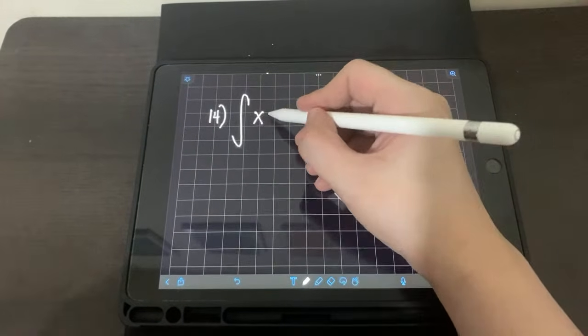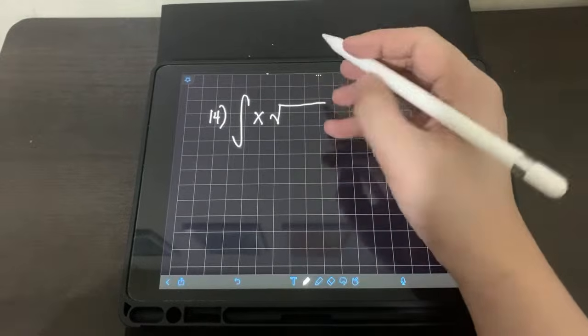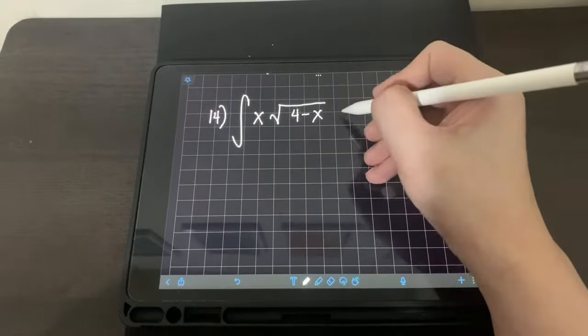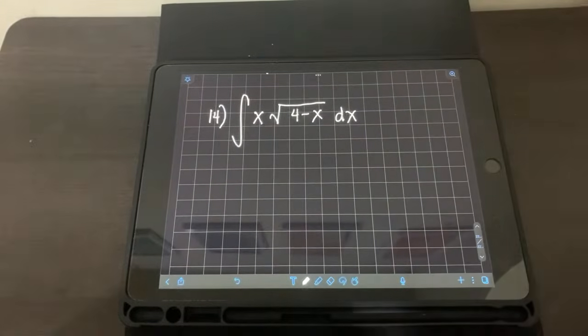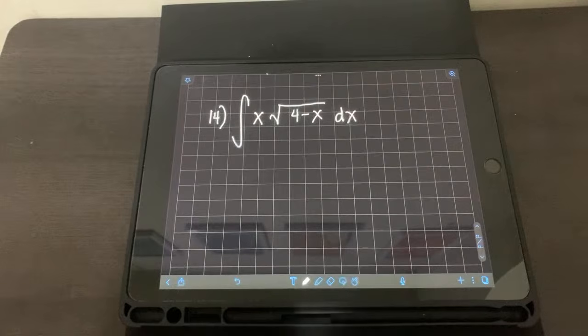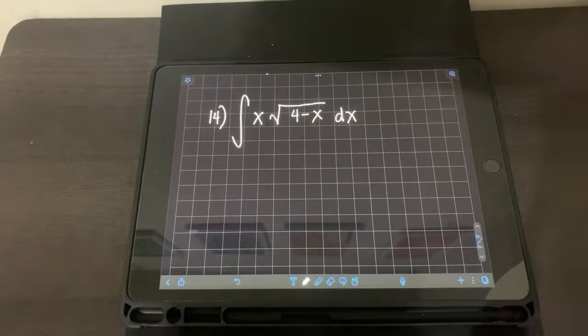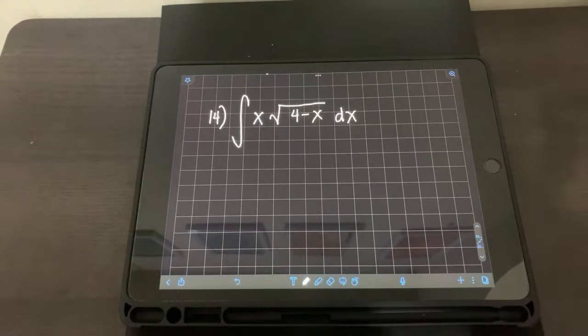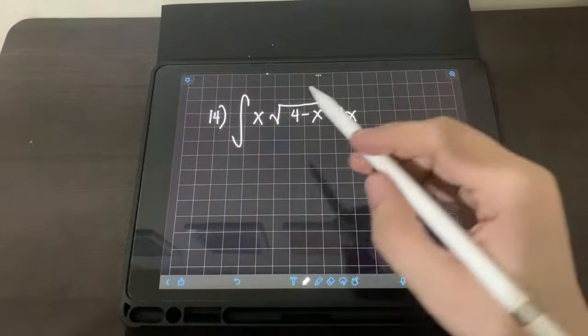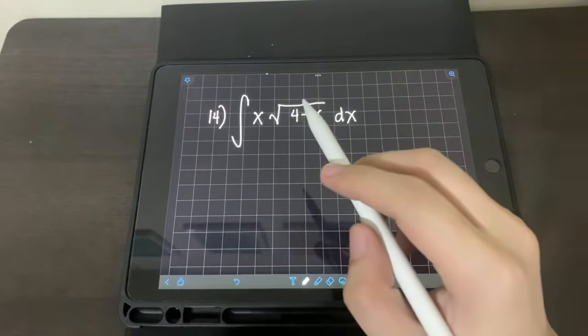Integral of x square root of 4 minus x dx. So what u-substitution can we have?